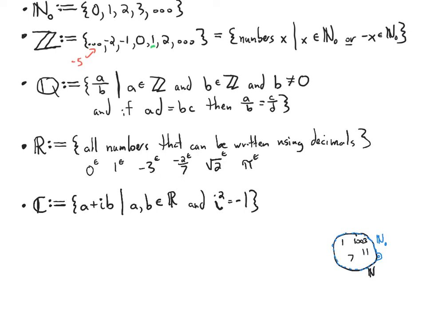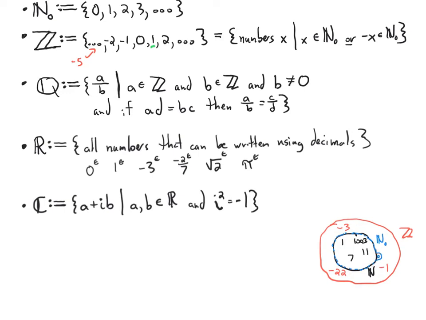Well, all of your natural numbers are also integers, so they're going to be inside the set of integers. So not only do you have things like 1 and 11 and 0, you also have negative numbers in there, like -3 and -22 and -1, whatever. All your negative numbers are in the set of integers, but they're not in the set of whole numbers.